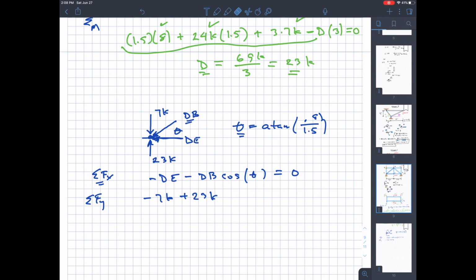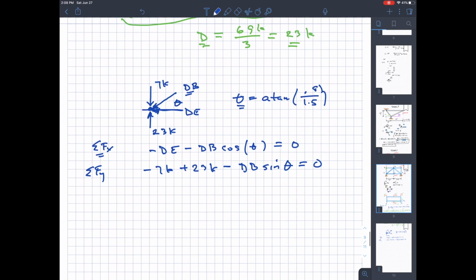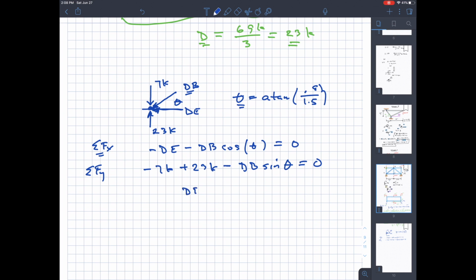Plus DB sine of theta is equal to 0. Actually, you see what I did there? I missed the sign. DB works down, so this would be a minus. So from there I can solve for DB.